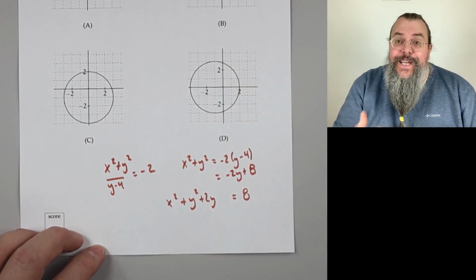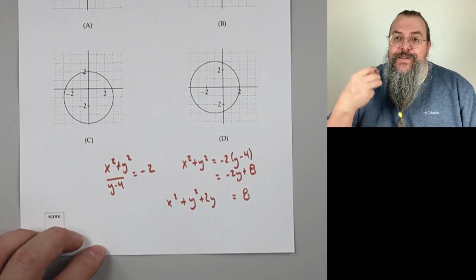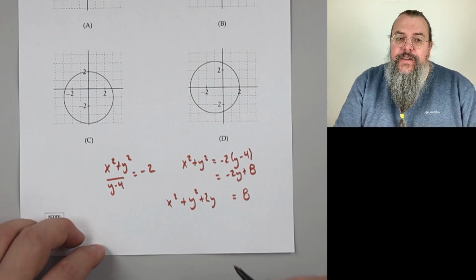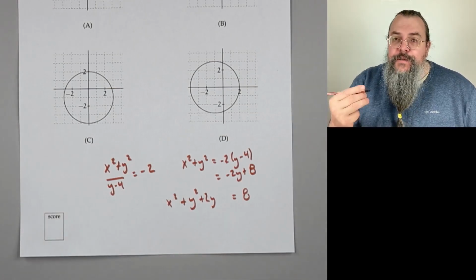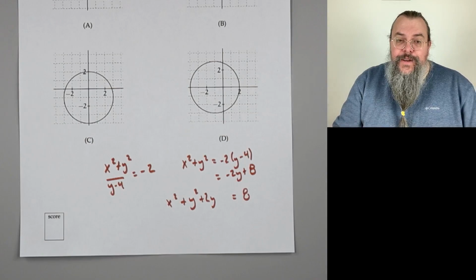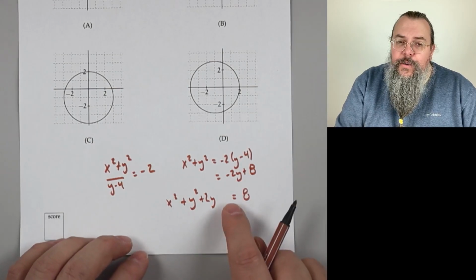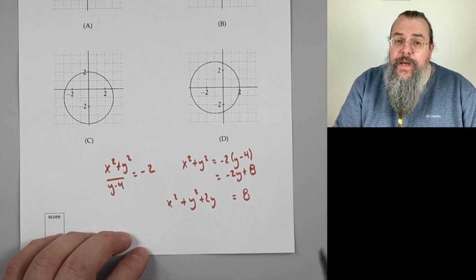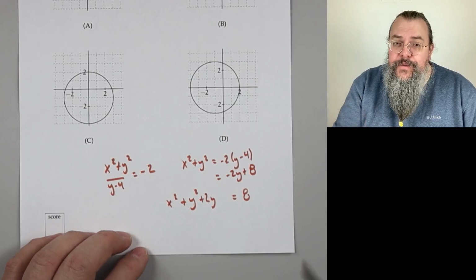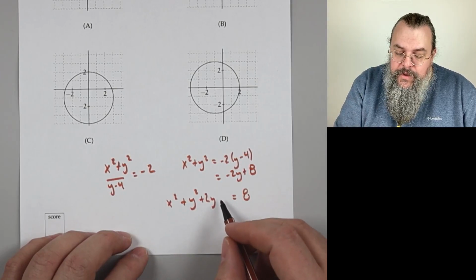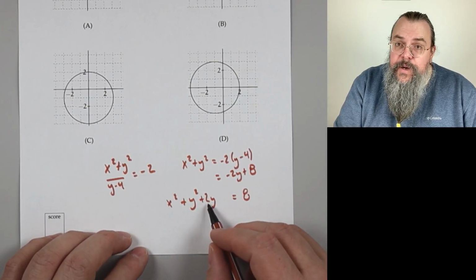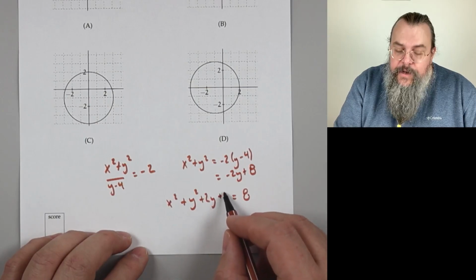Well, we're thinking circle. We should be thinking squares. And so we ask the question, what would complete us? In other words, we have y squared plus 2y. What would we add here so that what we had would be a perfect square? Well, take the middle term, divide by 2, square it, we'd add 1.